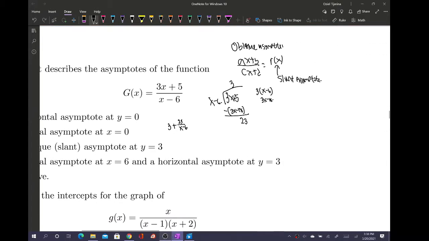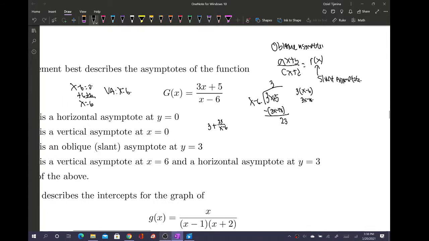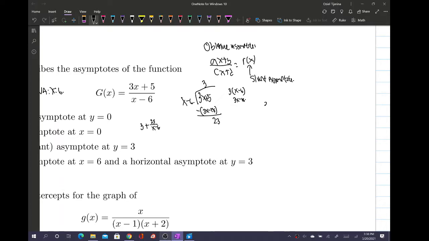Now, to find the vertical asymptote, we set the denominator equal to 0. So the vertical asymptote is x equals 6. And the horizontal asymptote, remember that if we have 3x to the n over x to the m and m equals n, so the degree of the numerator equals the degree of the denominator, they both have a degree of 1, right?